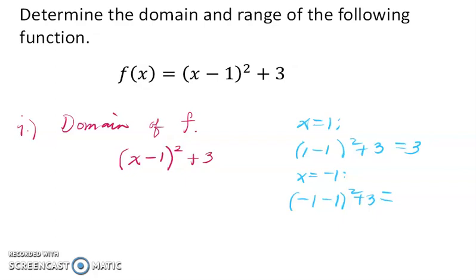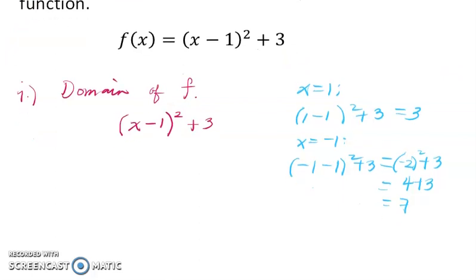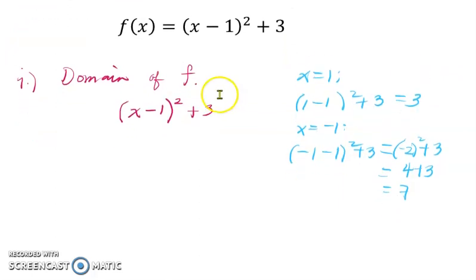So in this case, this is negative 2 squared plus 3, and this is just equal to 4 plus 3 is 7. So basically, we can always substitute any value of x in this expression, and there is no restriction to that.